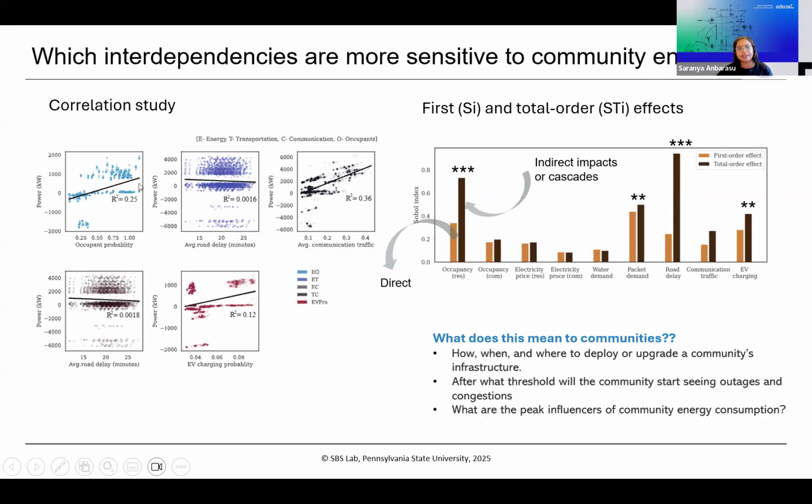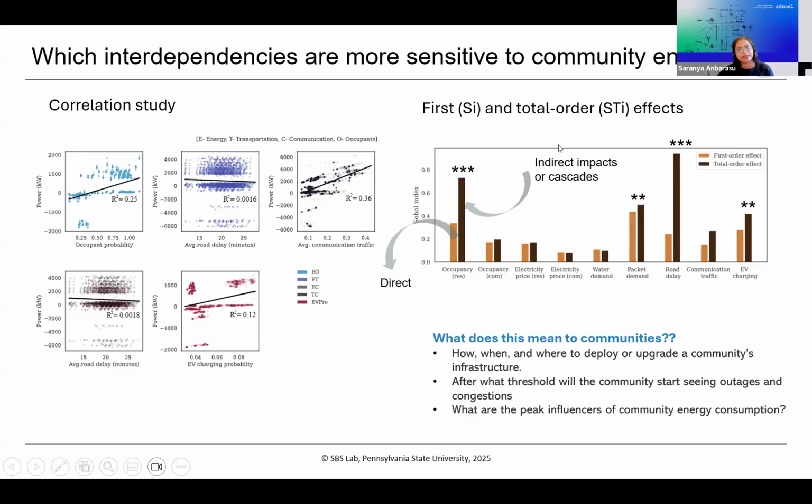The correlation study did not give us a larger understanding of trends, but we could see at what thresholds the community will start seeing outages or heightened energy consumption. If we are at that threshold, it can give us insights on when to upgrade the community, or what the breaking point is. That's something we were observing from the correlation study.